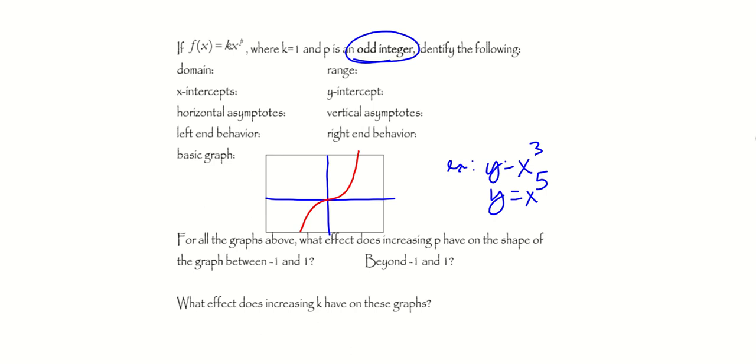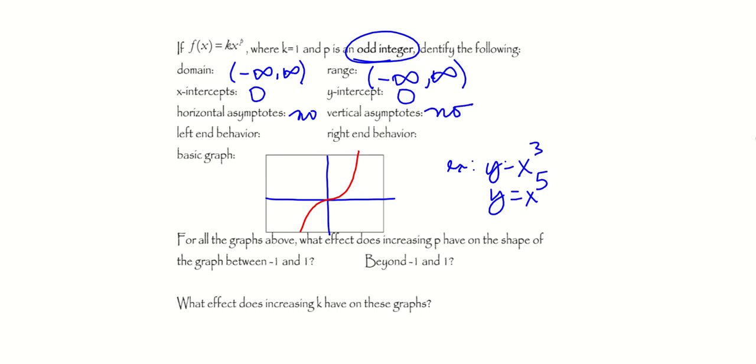That domain is also negative infinity to infinity. The range here is also negative infinity to infinity. The x and y intercepts are both 0. There are no horizontal or vertical asymptotes.